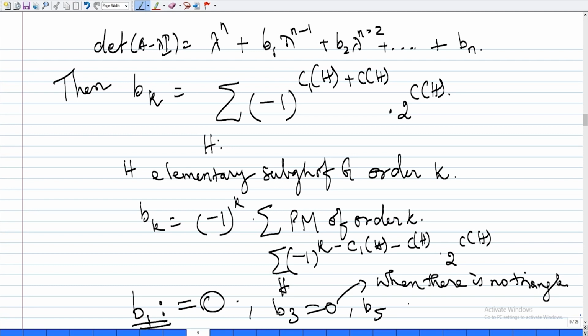So the only contributors for these coefficients b3, b5 are cycles in the case of odd numbers. b3, b5, b7, the coefficients are accounted only using the odd cycles that are present in the graph. So we can see that b5 will be 0 when there is no 5 cycle, and so on. We can just extend this argument for any number k.